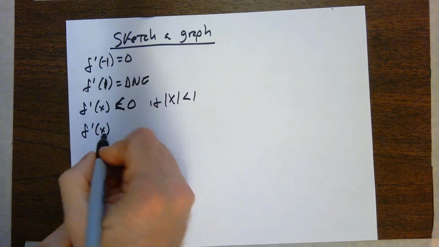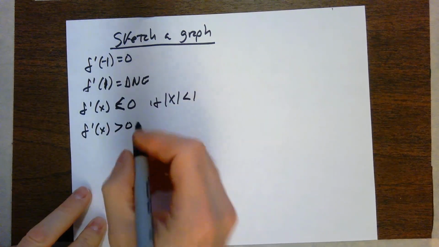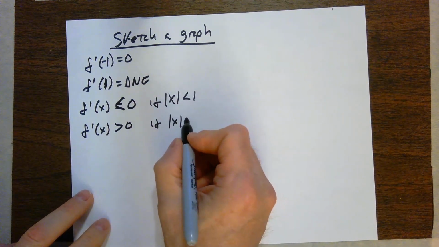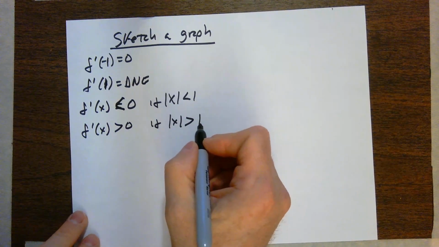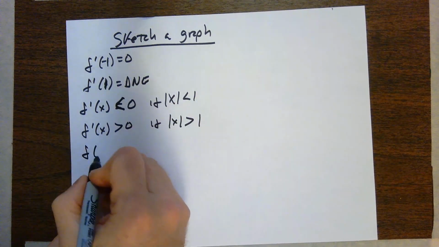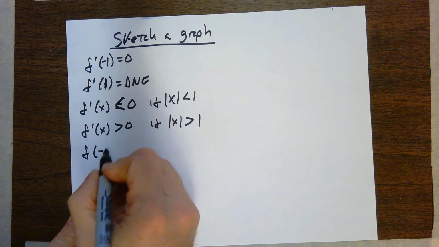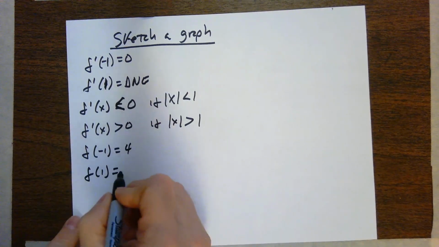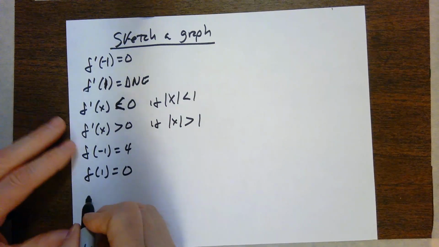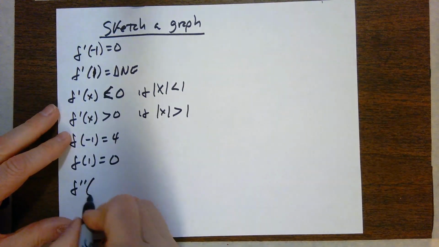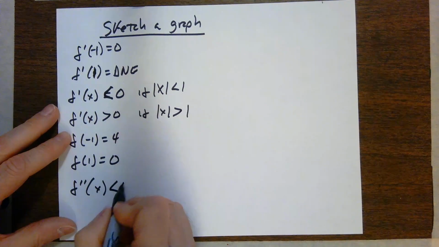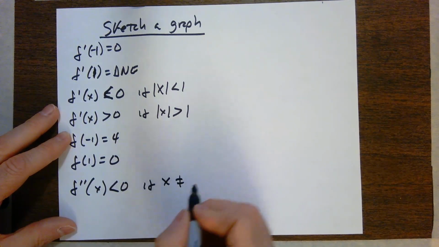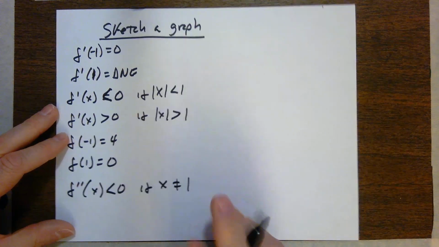How about the first derivative is greater than 0 if the absolute value of x is greater than 1, and f of -1 is 4, and f of 1 is 0, and the second derivative of x is less than 0 if x is not equal to 1.